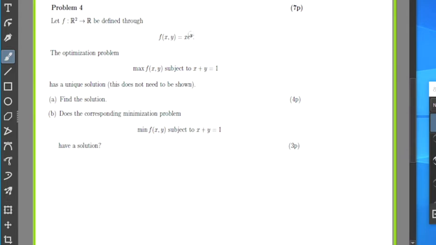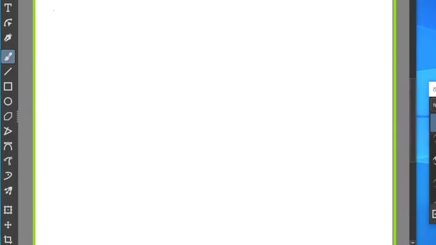So notice that we need to find the maximum and not the minimum, subject to a constraint. And what we have here is, of course, an optimization problem under a constraint.